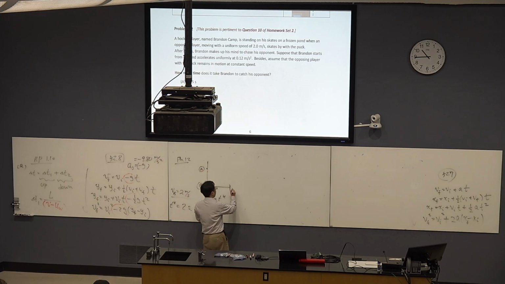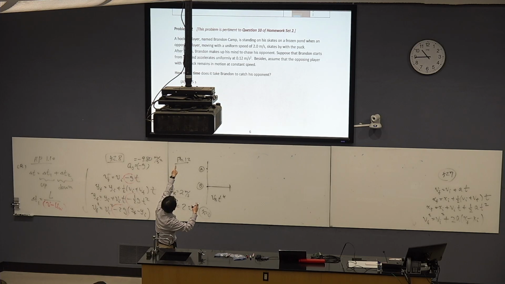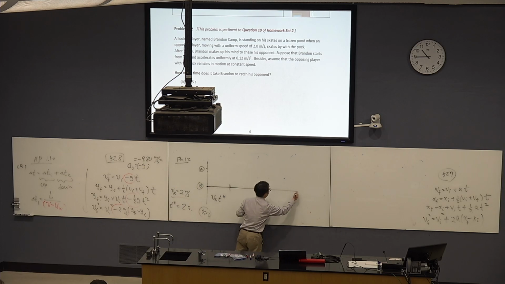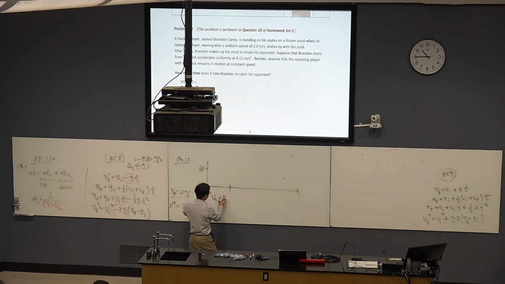Then the person will continue the motion for some unknown time. The question is how much time it takes for Brendan to catch his opponent. What we need to be careful about is as follows. Suppose that after this time, Brendan and his opponent have synchronized watches.